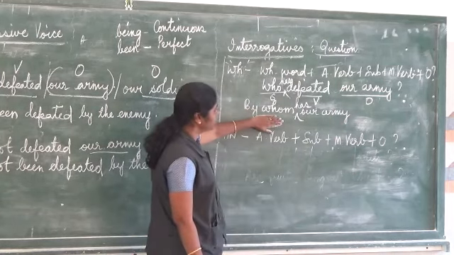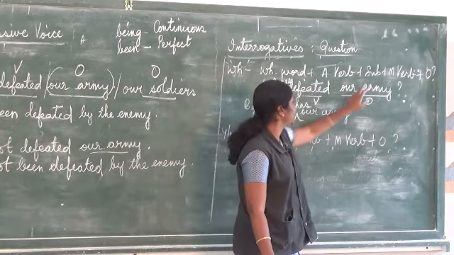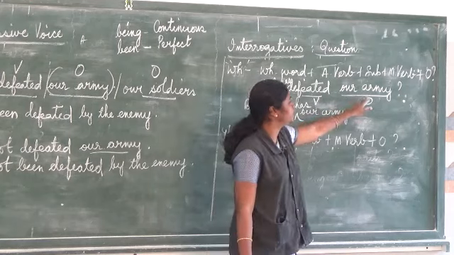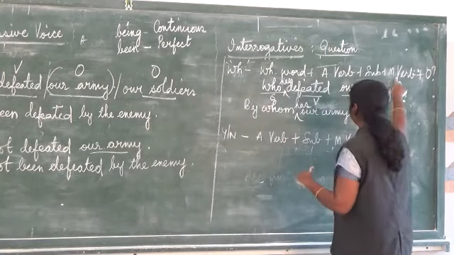Okay, so first you have to begin with WH word, then you should have auxiliary verb, then you should have subject. Okay, this object, it comes to the subject position, our army, then the main verb.